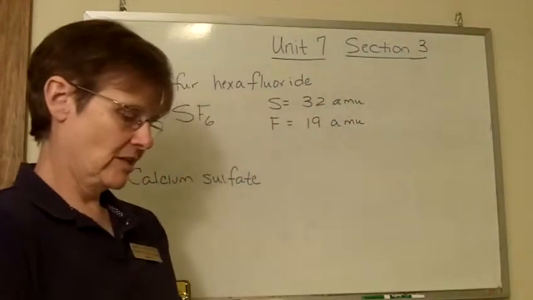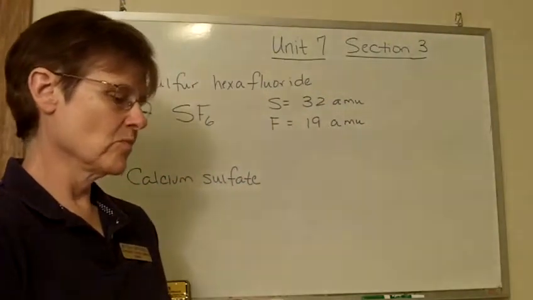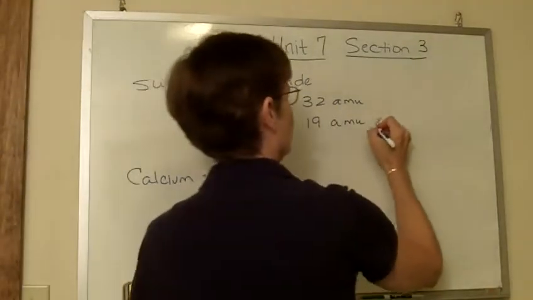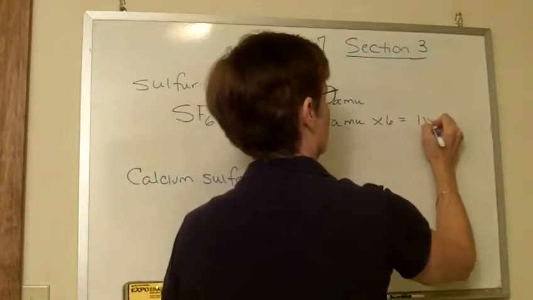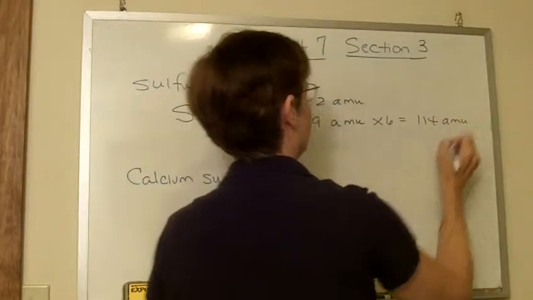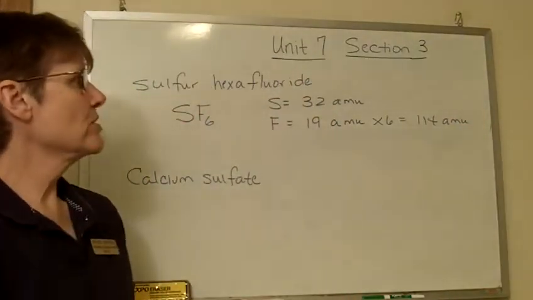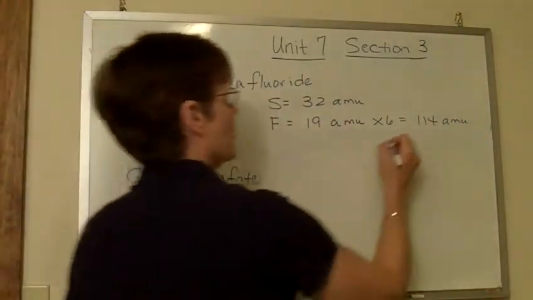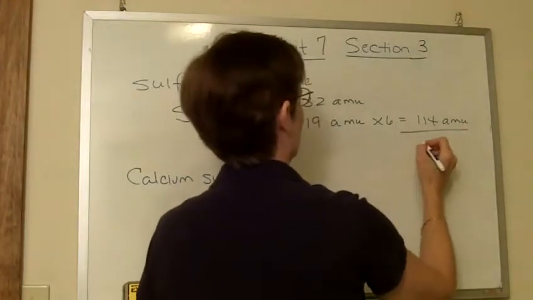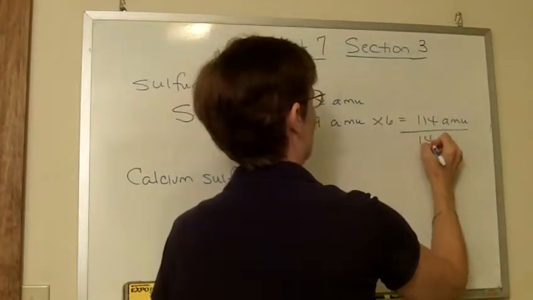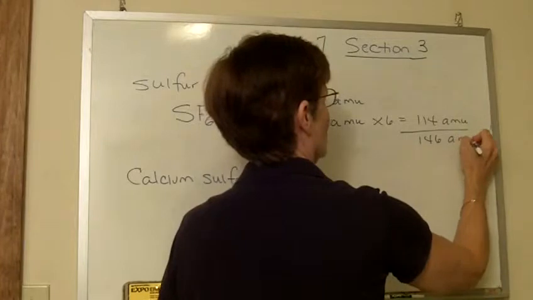Now we've got 6 fluorines, so we'll have to take 19 times 6, and that's 114. So if we had just one molecule, the total for this would be 32 plus 114, that's 146 AMUs.